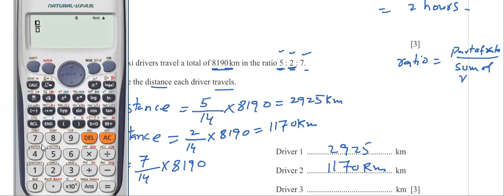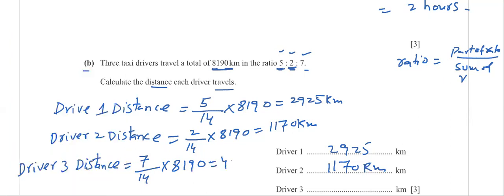So it will become 7 over 14 multiplied by 8,190, so 4,095 kilometers. If you want to verify, you can add all of these distances and you will get the total distance. So pretty simple.